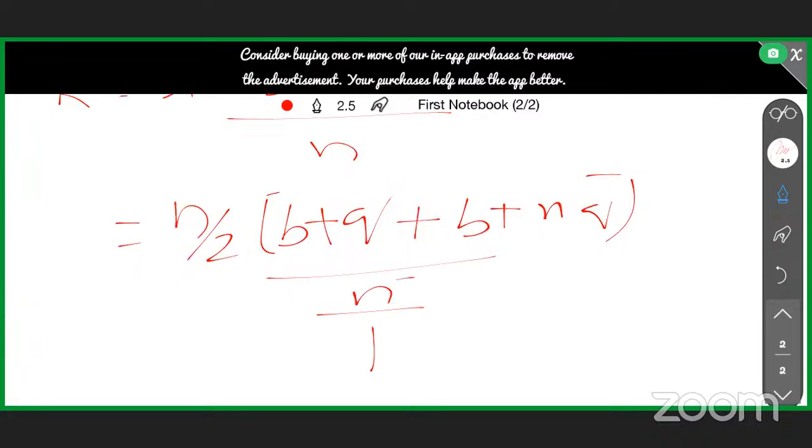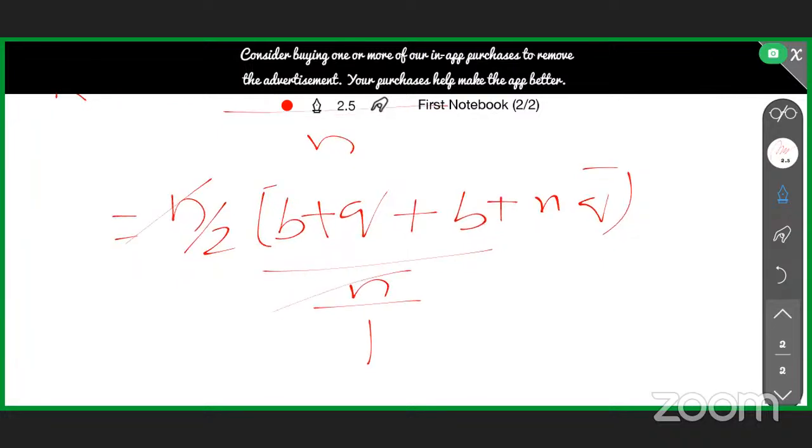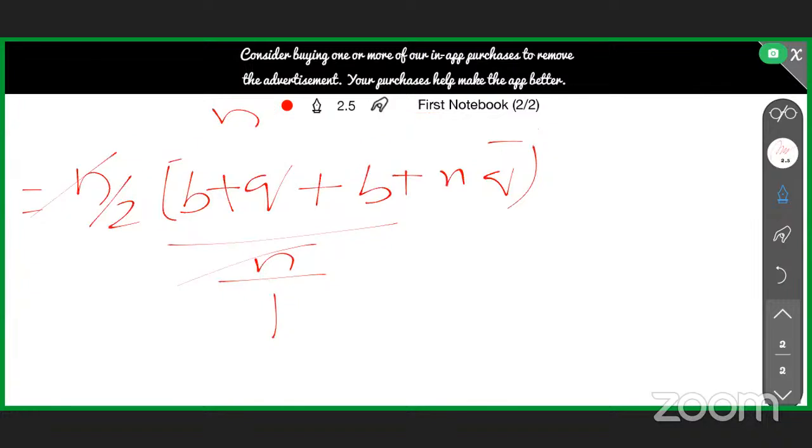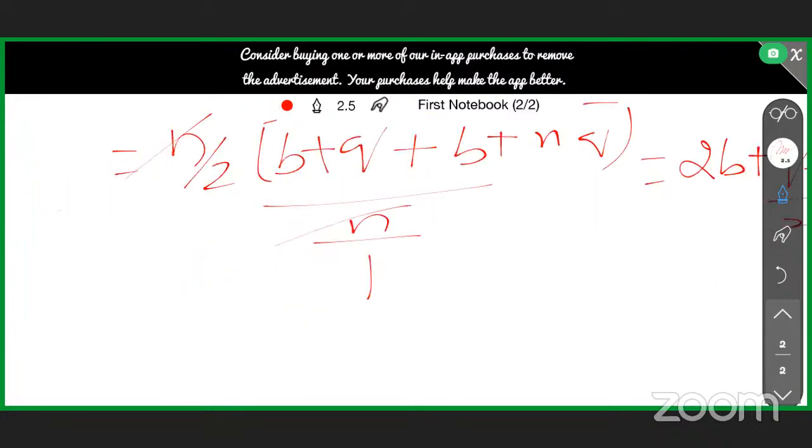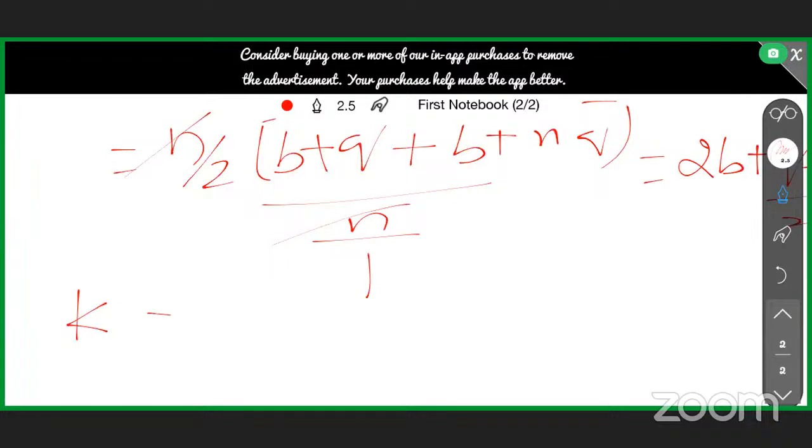The denominator n cancels with the numerator n. What is left out is k is equal to (2b plus (n plus 1)q) by 2, that is k equals b plus q into (n plus 1) by 2.